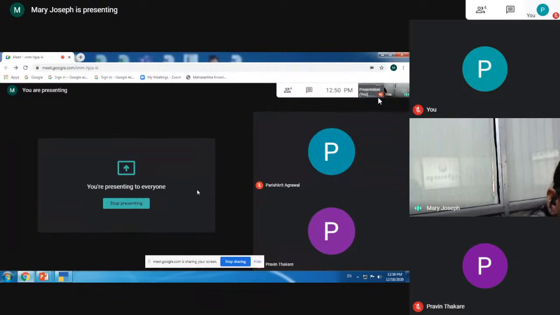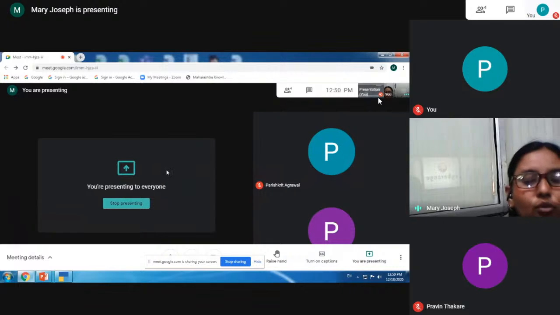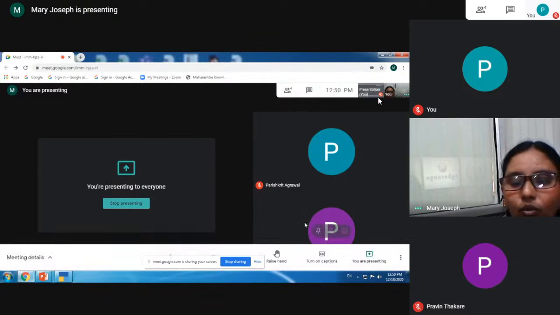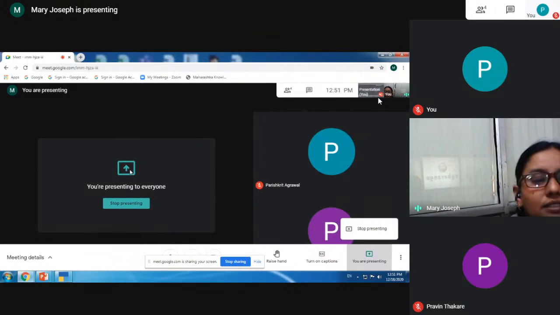I am going to introduce you to the Tally Prime software: what the new features in Tally Prime are, how we can register GST, and post transactions in GST, all these things. Now let us check the software Tally Prime.